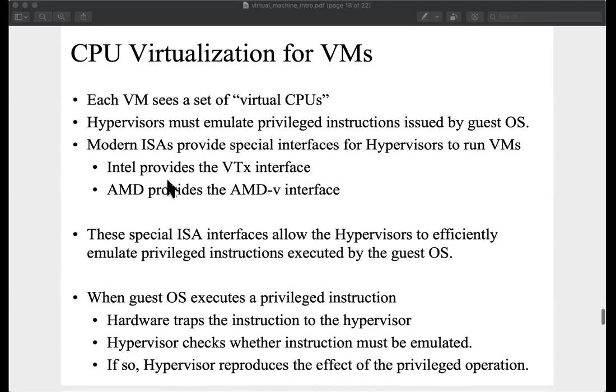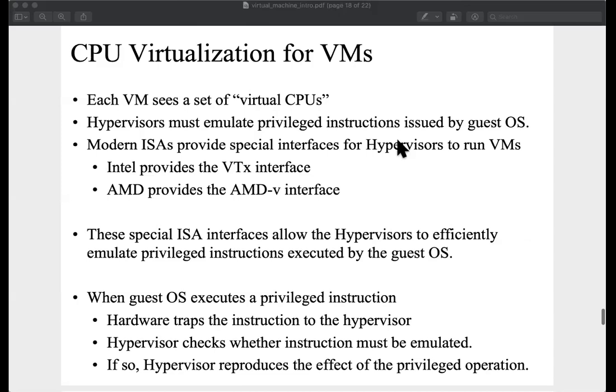So what this means is that every VM would see one or more virtual CPUs. Just like when you start a process, you can create one or more threads, similarly, when you start a virtual machine, you get one or more virtual CPUs. And these virtual CPUs should more or less look just like physical CPUs.